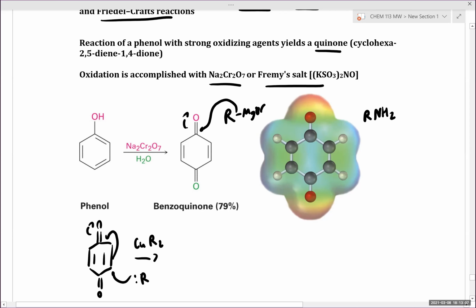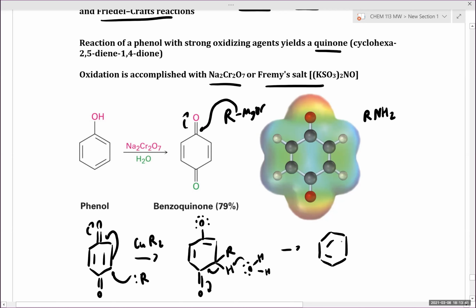And the beautiful thing about phenols is that when you attack a phenol, you generate an intermediate that is very close to reaching aromaticity. And all it takes is just a quick tautomerization step. And we're back to a substituted phenol.